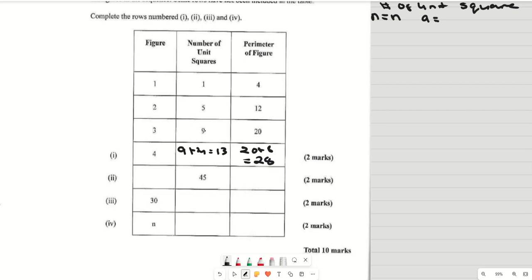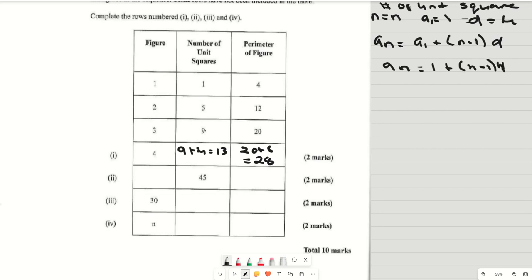The a1, which is the first value, is 1. And your common difference is equal to 4. So we put it in this formula, an is equal to a1 plus n minus 1 by d. So an is equal to 1 plus n minus 1 by 4.